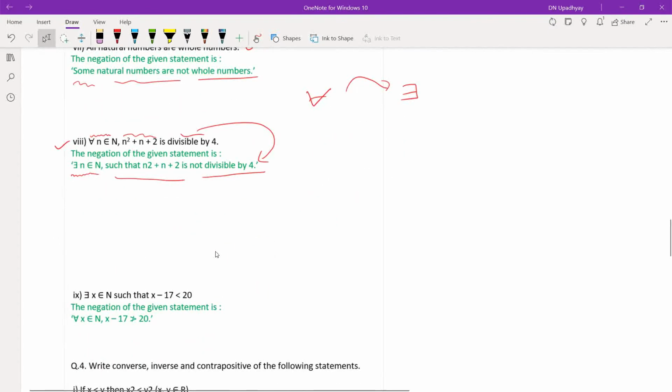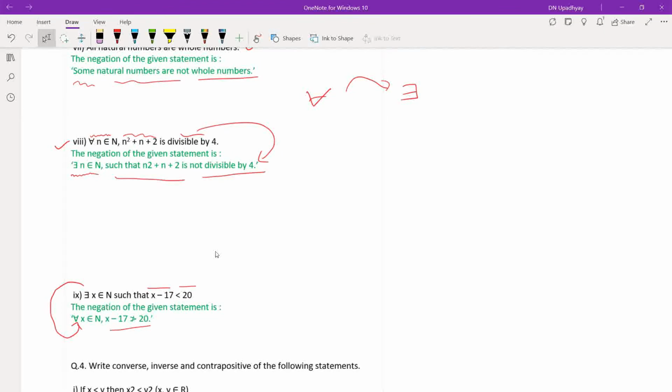And last, again there exists, what will the negation be? For all x, x minus 17 is less than 20, that will be not greater than 20. Negation. Or even we can write that x minus 17 is greater than 20, right?